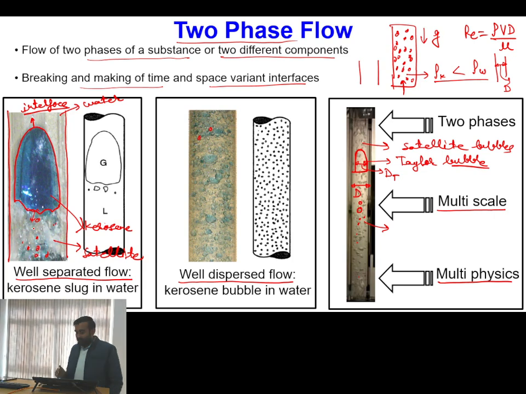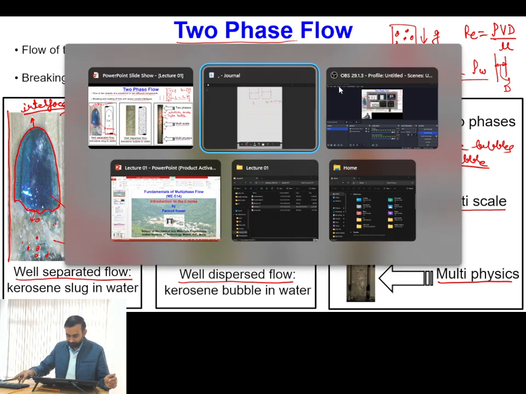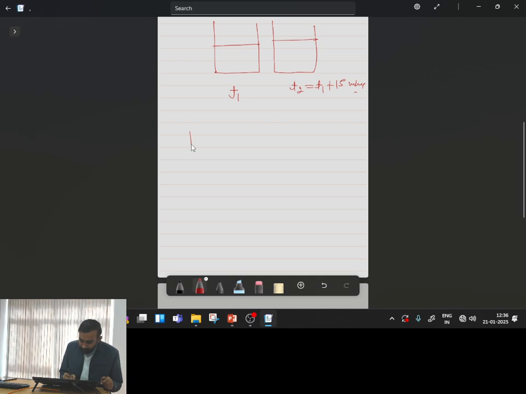For example, the way you have designed your inlet. In your inlet there can be different arrangements. For example, you can have this type of inlet, where from this annular space you can pass water.